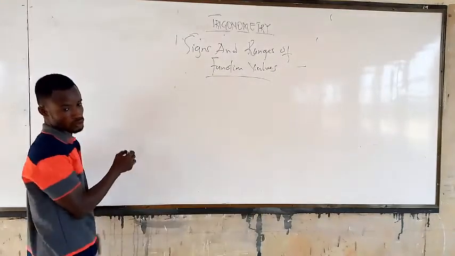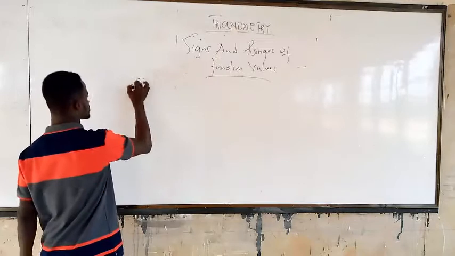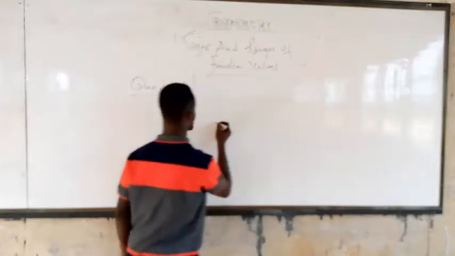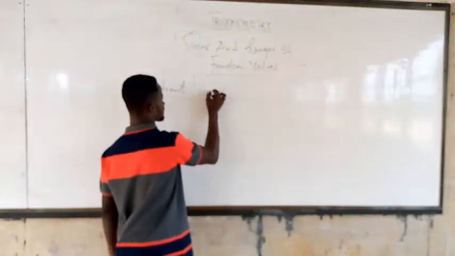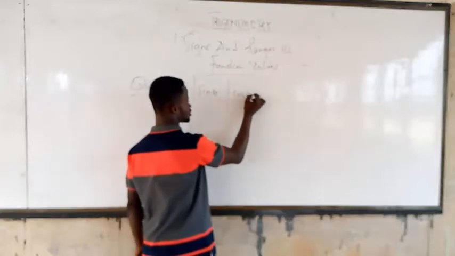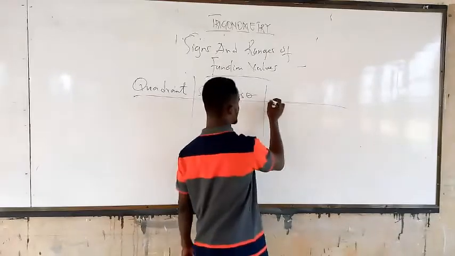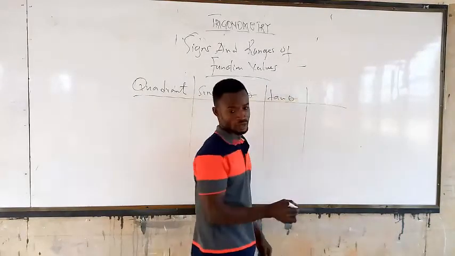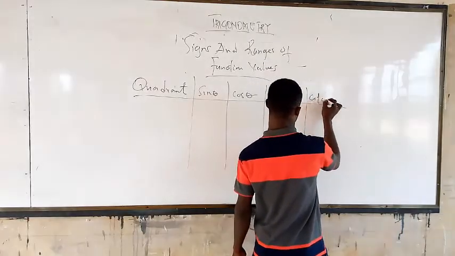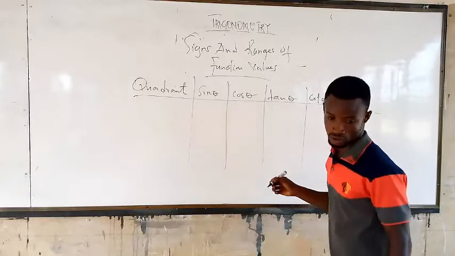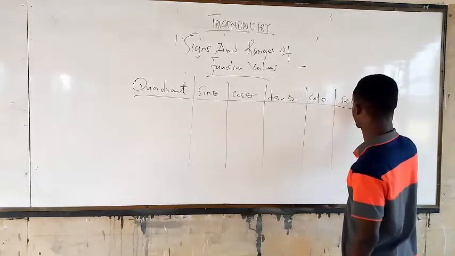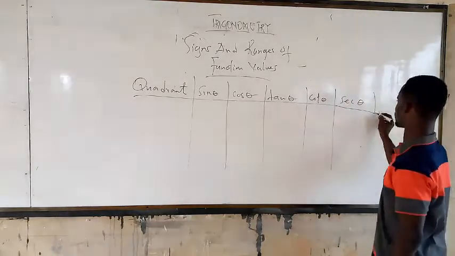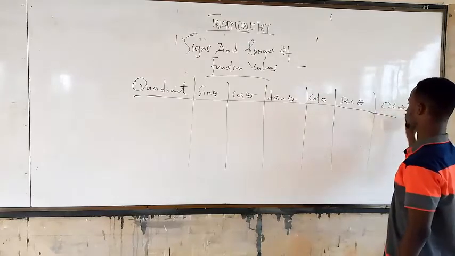Okay, so we have the quadrants. We have sine theta, cos theta, tan theta, cot theta, sec theta, and the last we have cosec theta.